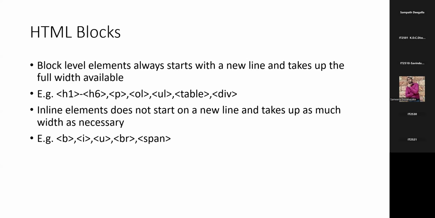But we also need to know very important elements where we can make what we call block-level elements. We have already discussed block-level elements like headers going from H1 to H6, paragraphs, lists, tables. All of these start with a new line and always try to take the full width of the page that we have.